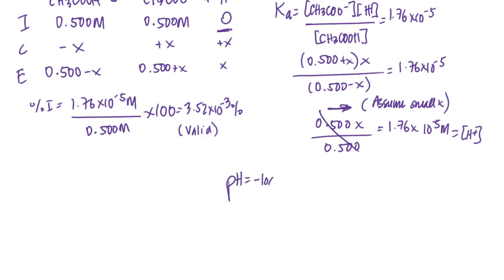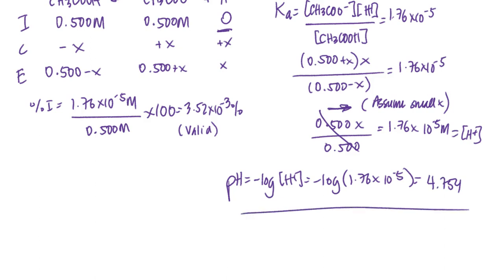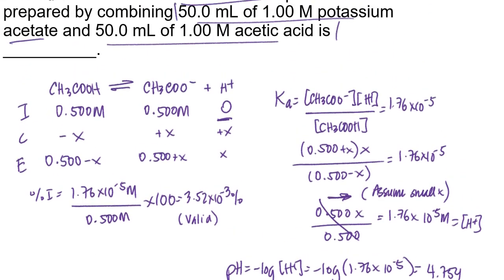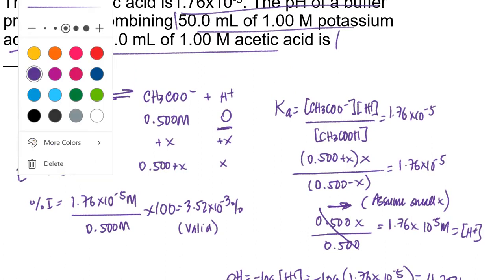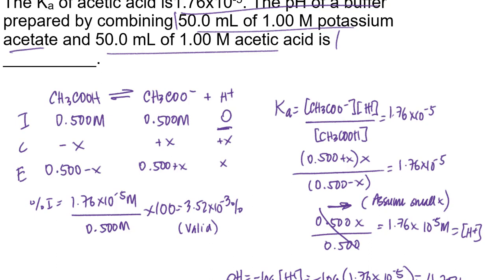Calculating the pH by taking the negative log of the hydrogen ion concentration, I would get a pH of 4.754. But the important thing to note about buffers is, since I have some initial concentration of acid, if I were to add base to this solution, the acetic acid would neutralize that base.